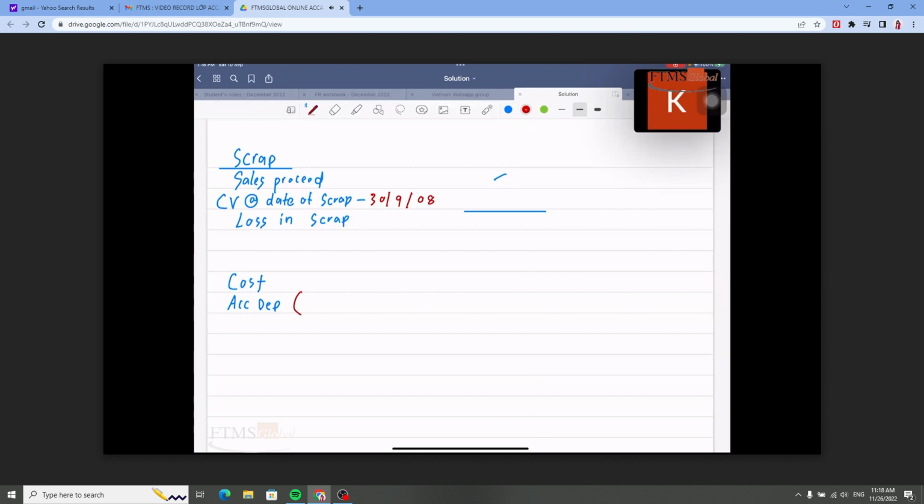So remember, we are trying to find the opening balance. My machine I bought on 1st April 05. Then opening balance means 31st March 08, right? Because things happen in the middle of accounting period.